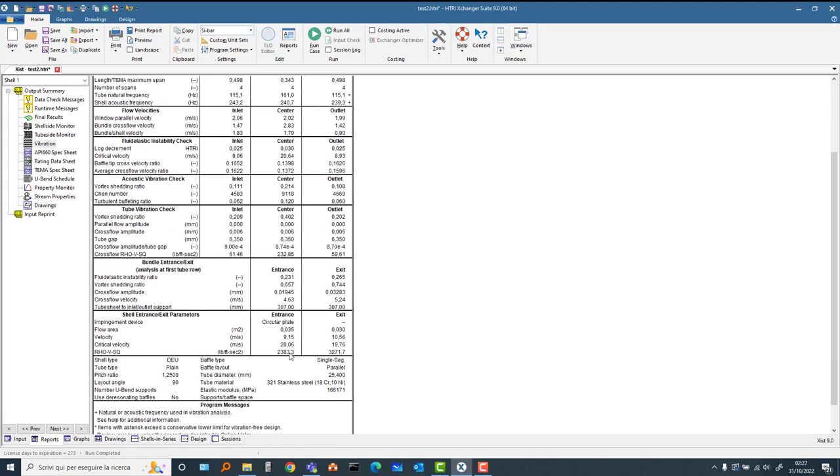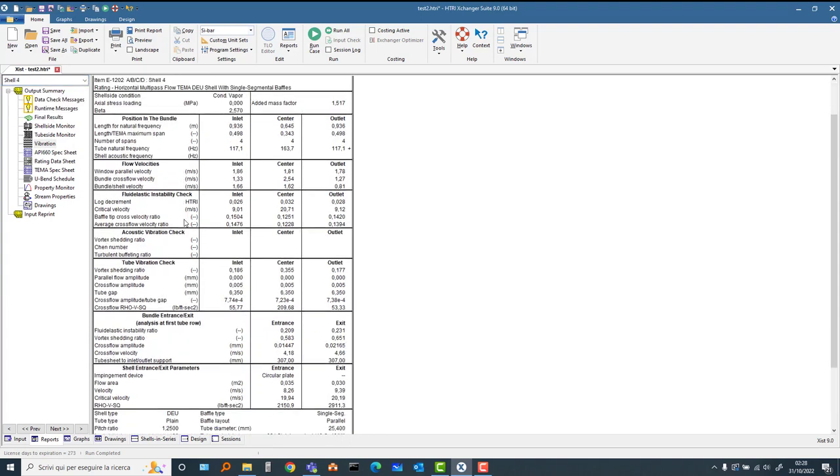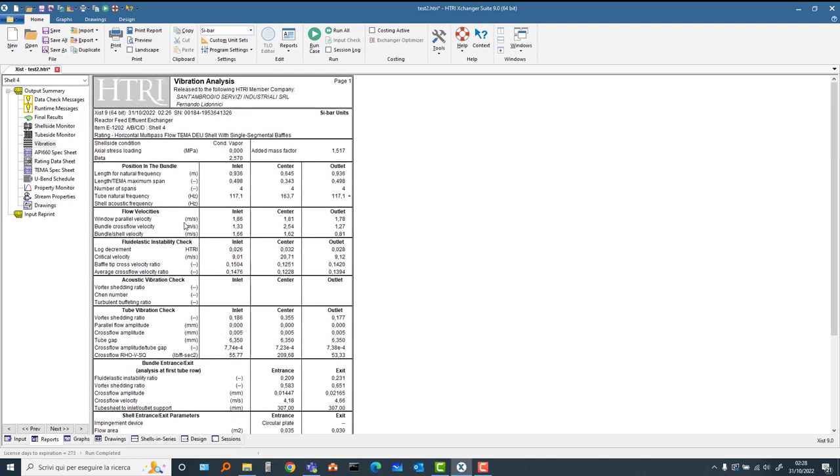You see how the critical velocity has been increased, and the actual velocity does not change, but the critical velocity has been increased because we have cut in two parts the free length under the nozzle. Let's see if there is a problem in shell 4, maybe, but even in shell 4 there is no problem at all. So this is a valid situation.